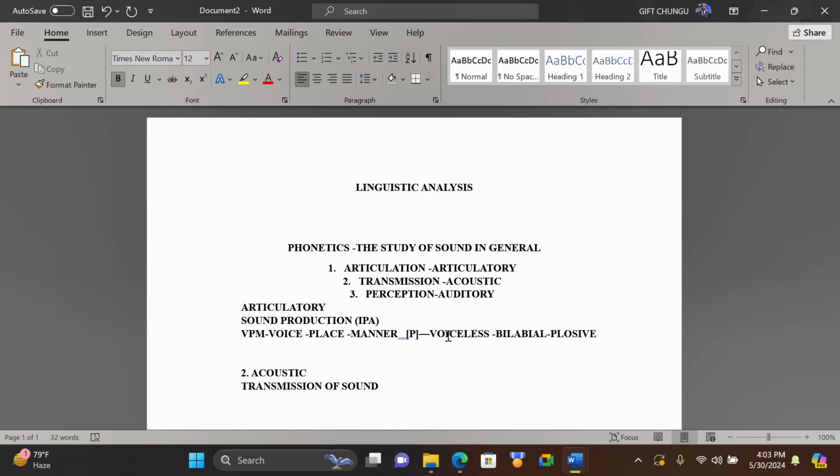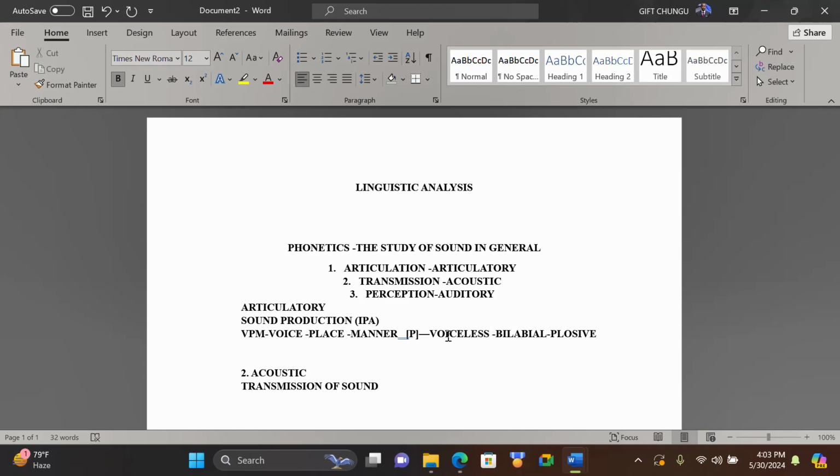The loud and the low tone. Are we going to produce this sound with that loudness or low? That is what we look at when we are looking at sound transmission. We know that sound is transmitted through waves.